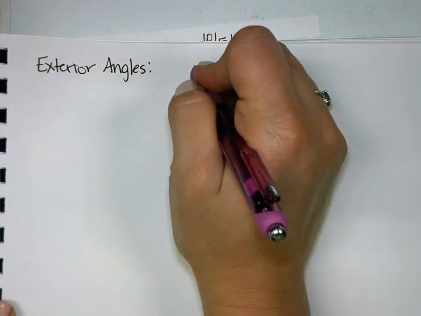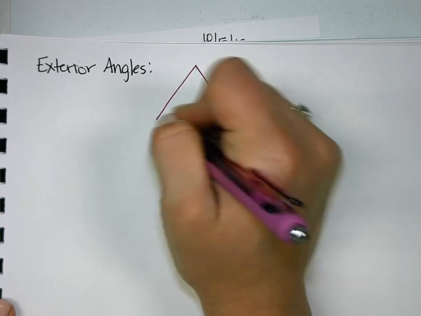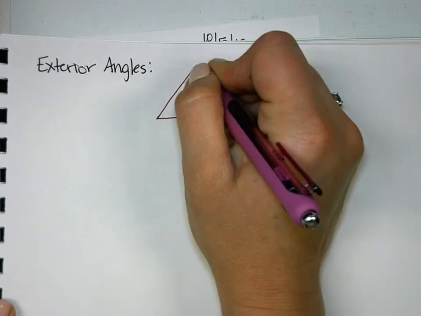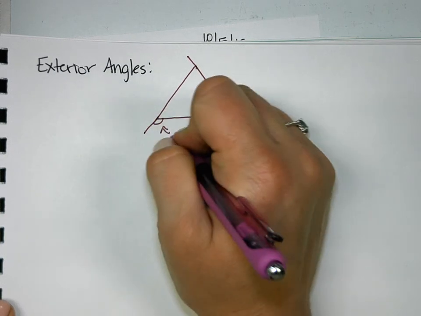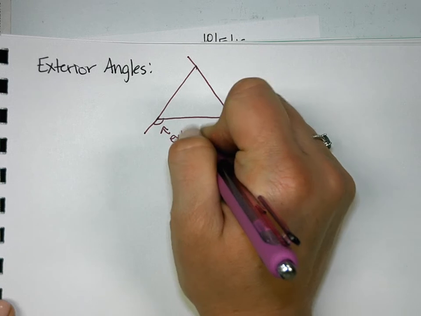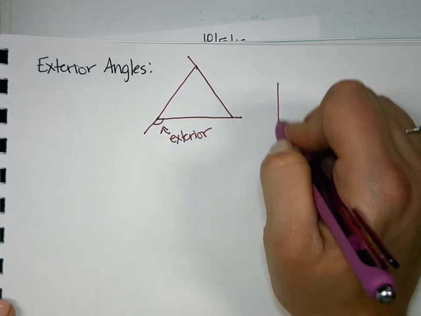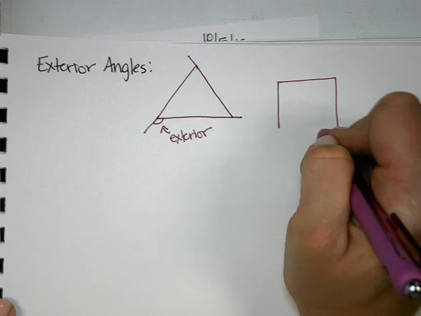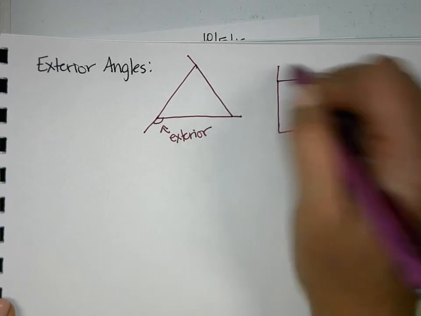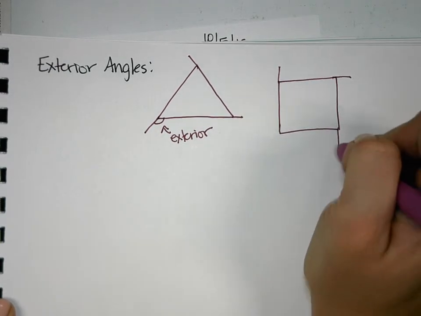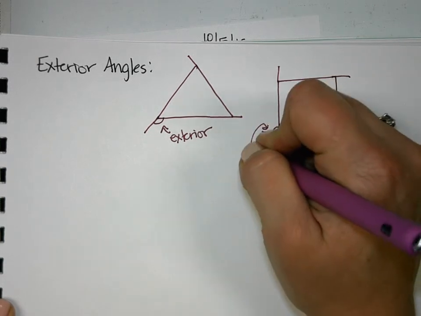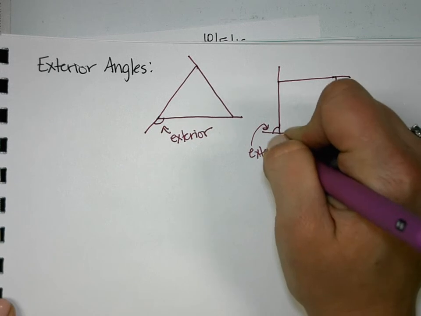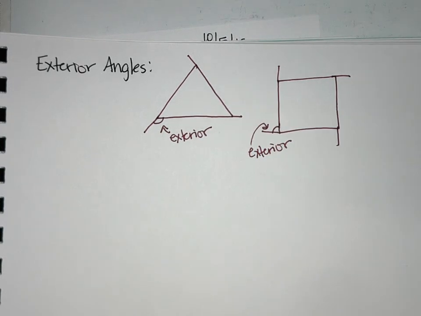In a triangle, we've already dealt a little bit with exterior angles when we did our exterior angle theorem. But we can have exterior angles on any shape, as long as it's outside of our figure, or it's one of our sides extended outside the figure.